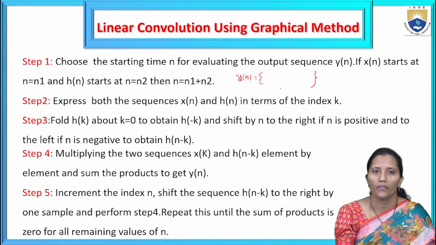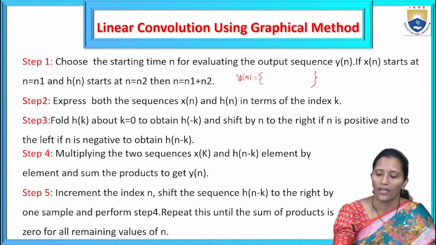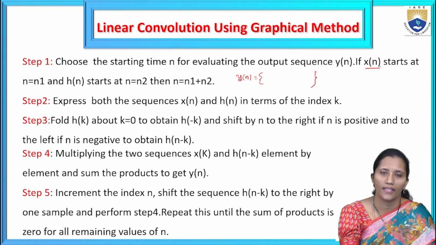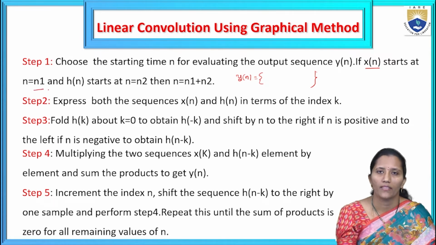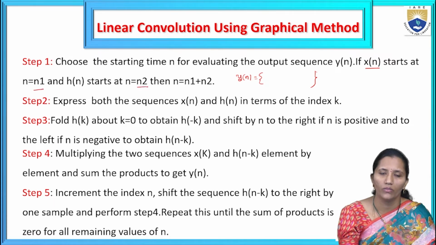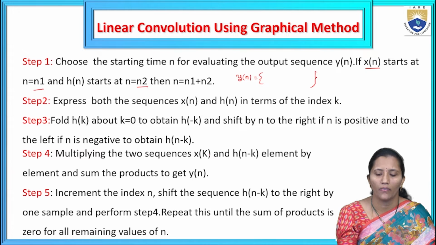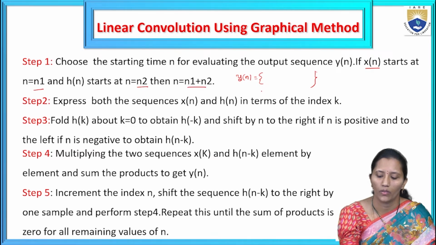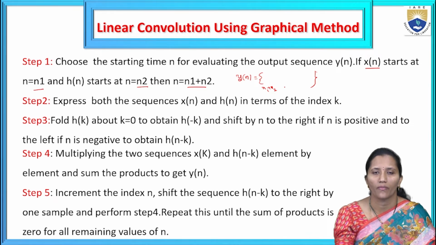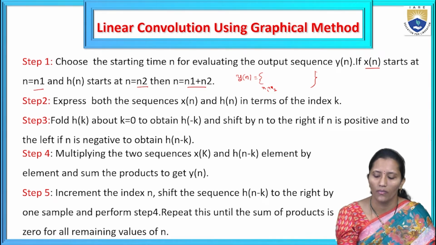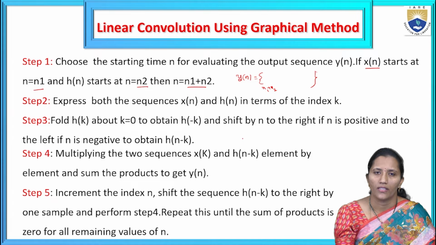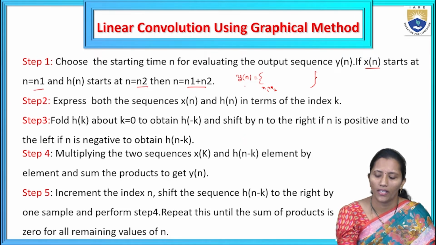For that, for example, if the x of n starting index is n1 and the h of n starting index is n2, then the starting index of y of n is n1 plus n2. Here n1 is the starting index of x of n, n2 is the starting index of h of n. The starting index of y of n will become n1 plus n2.